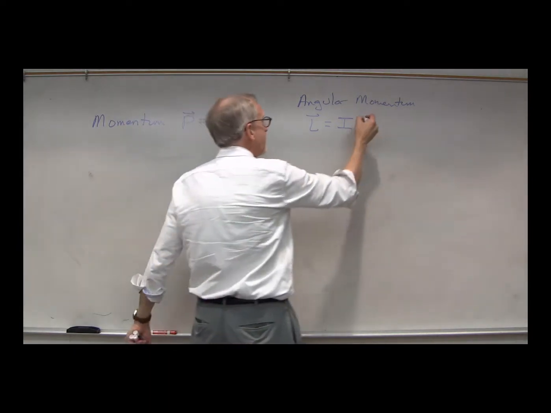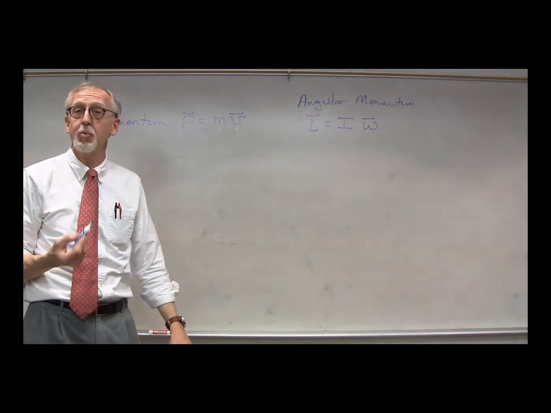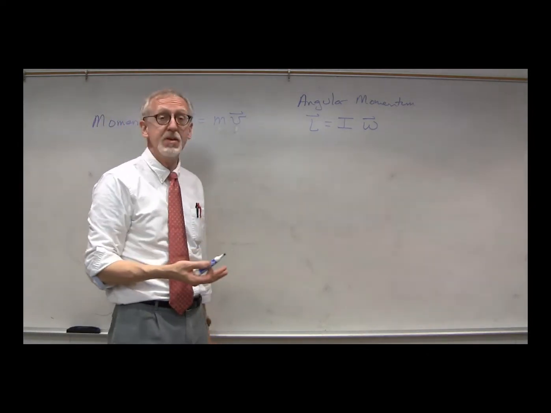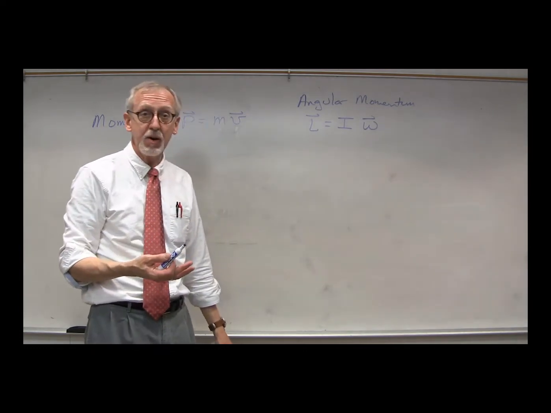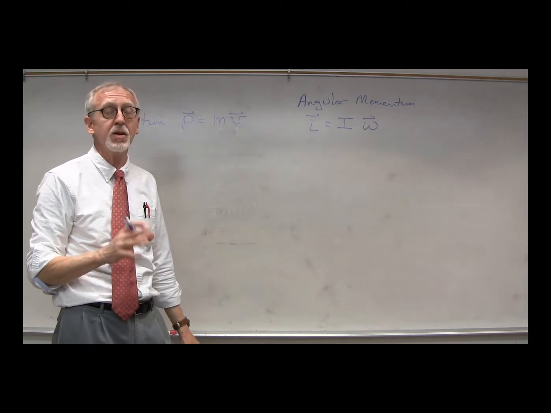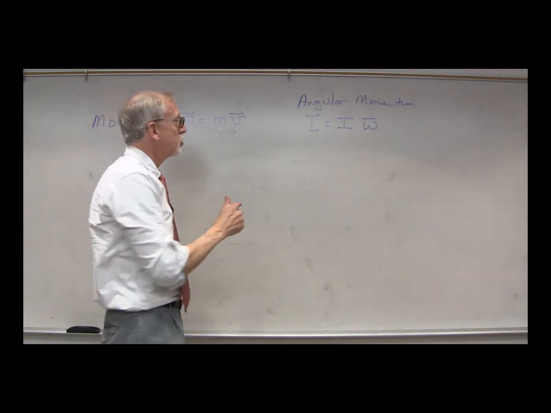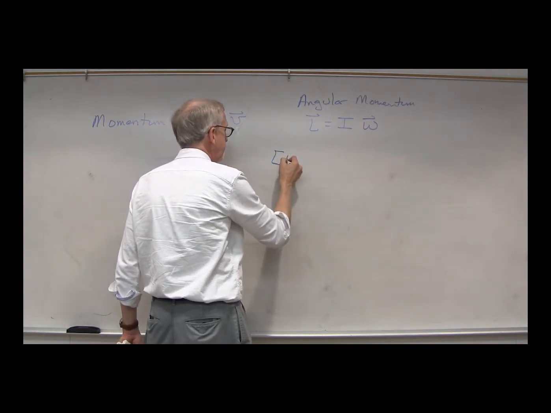And actually, I'm going to put the direction in this case because the directions of vectors is always very important, but I really want to emphasize it in this case. This is a very, very important part of the angular momentum that I want us to take a look at. But first, what are the units of angular momentum?